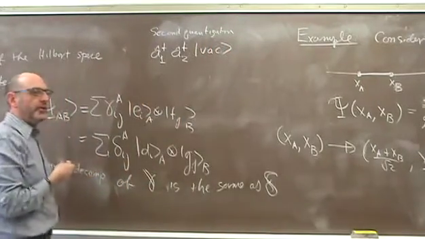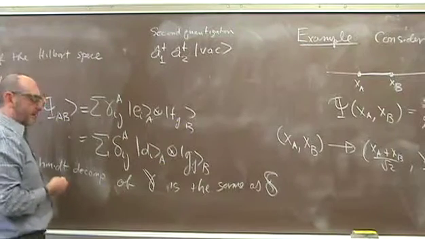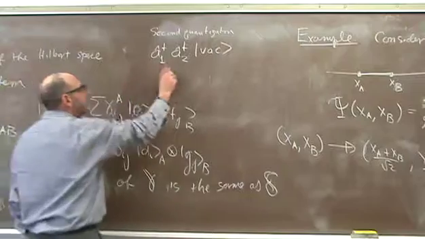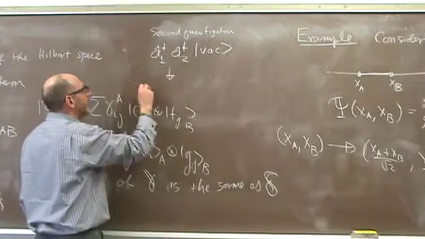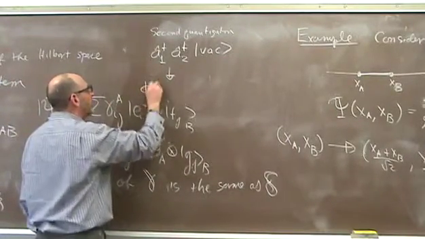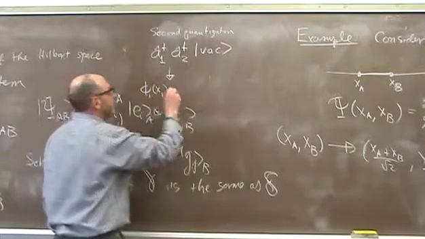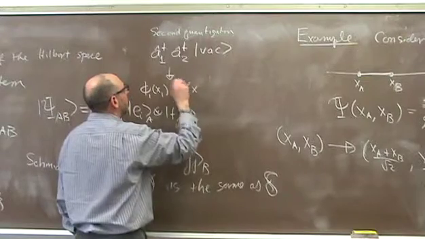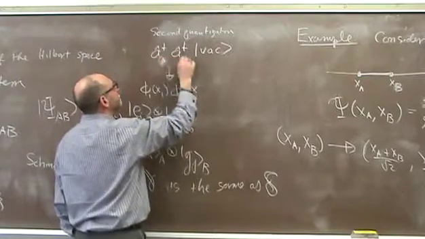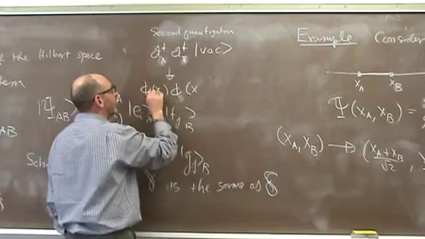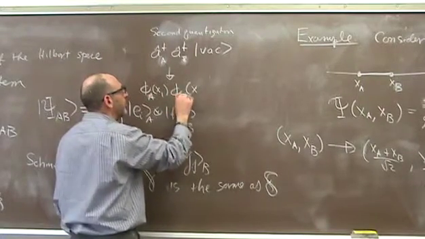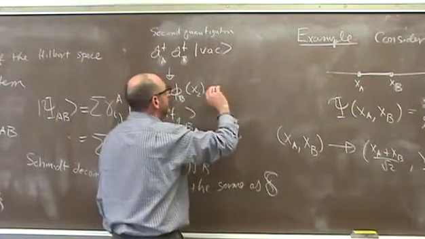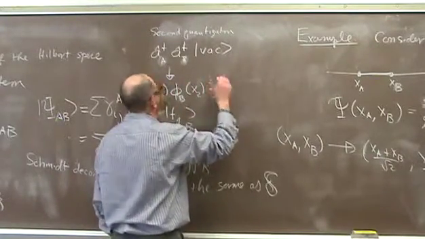Now, if I were to write this in coordinate form, the wave function might look like this: orbital 1, particle 1, orbital 2, particle 2. Let's call these A and B. There are two different orbitals and two different particles, and let's just say these are fermions.